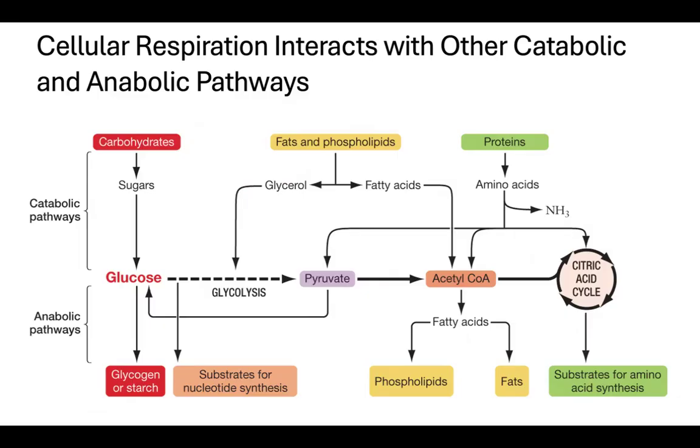Later on, we see that we can build up phospholipids. We've seen that. That's super important for our membrane. We can build up fats. And if we keep going to the right, looking at the citric acid cycle or the Krebs cycle, some of the things that we build there, we use to build amino acids. Okay, the ones that we do build. Remember, plants can build all 20.